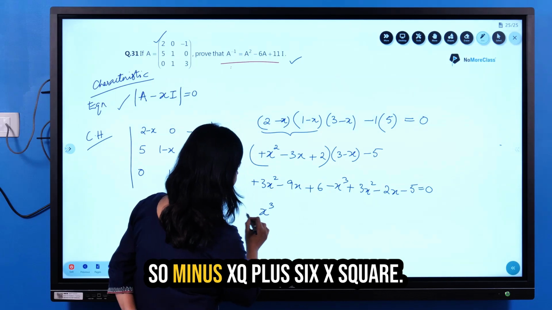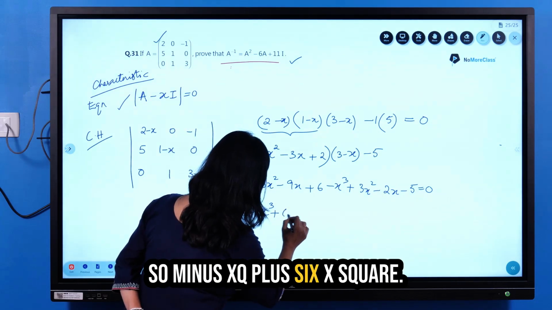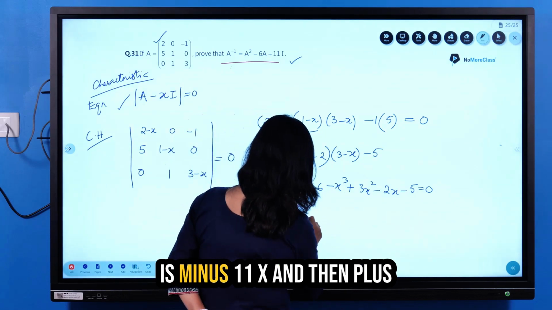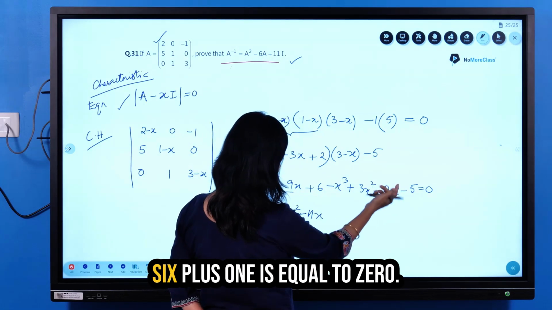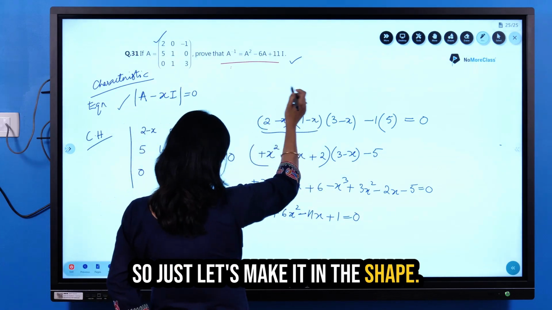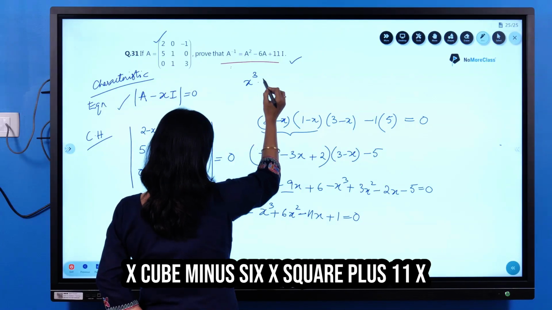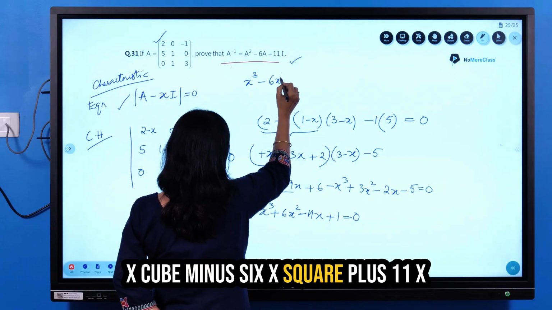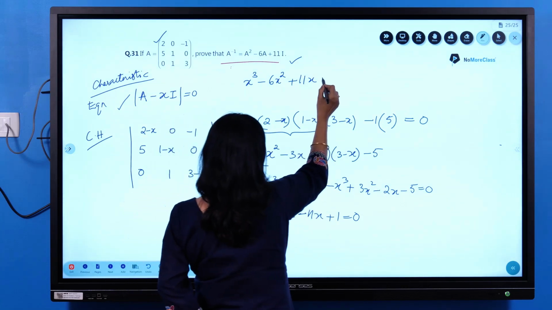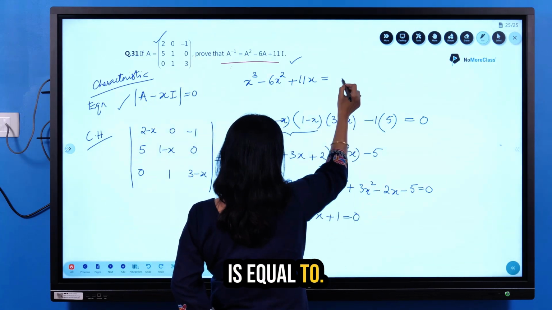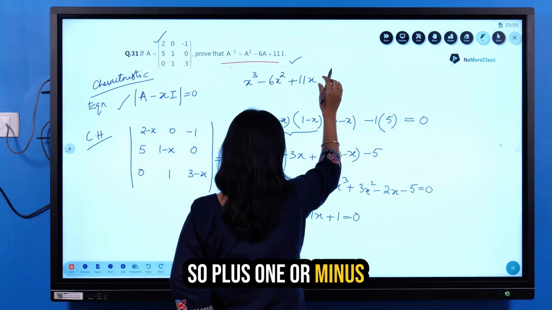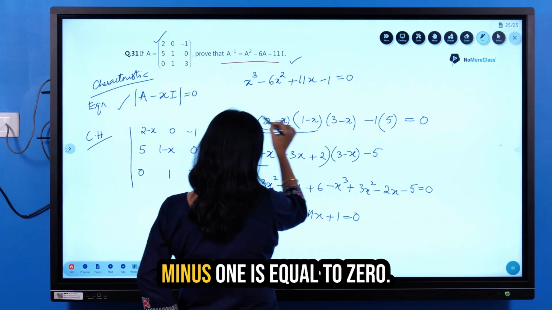So minus x cube plus 6x square, then minus 9 minus 2 is minus 11x, and then plus 6 plus 1 is equal to 0. So let's make it in this shape: x cube minus 6x square plus 11x minus 1 is equal to 0.